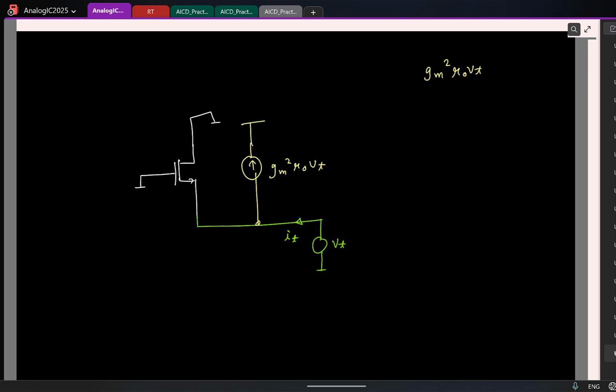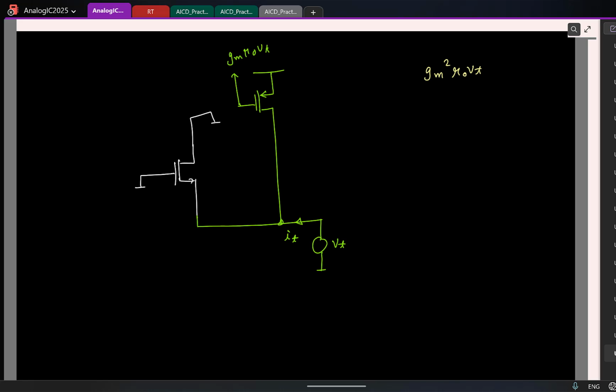So remember, typically this is going to be supply. Because it is going up, will we use an NMOS transistor or a PMOS transistor? PMOS. So basically I'll replace it with a PMOS transistor, and the gate voltage must be the same, GM R0 times V test.